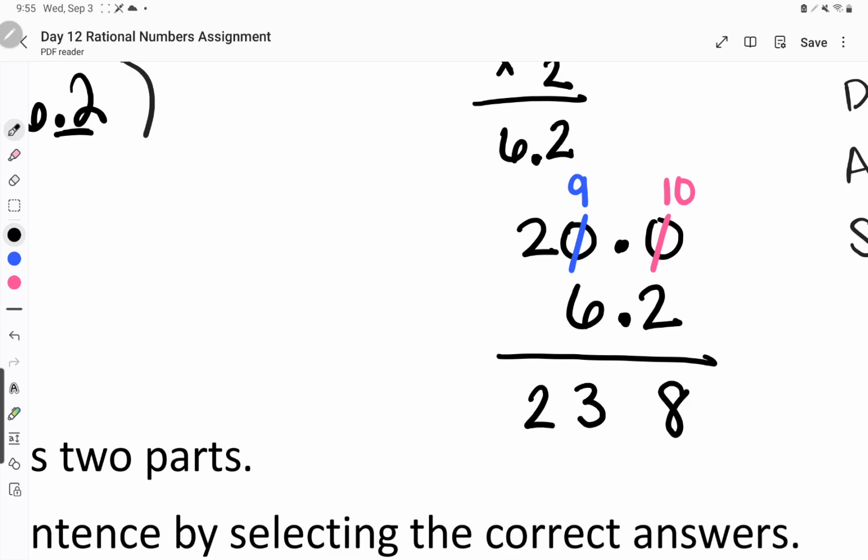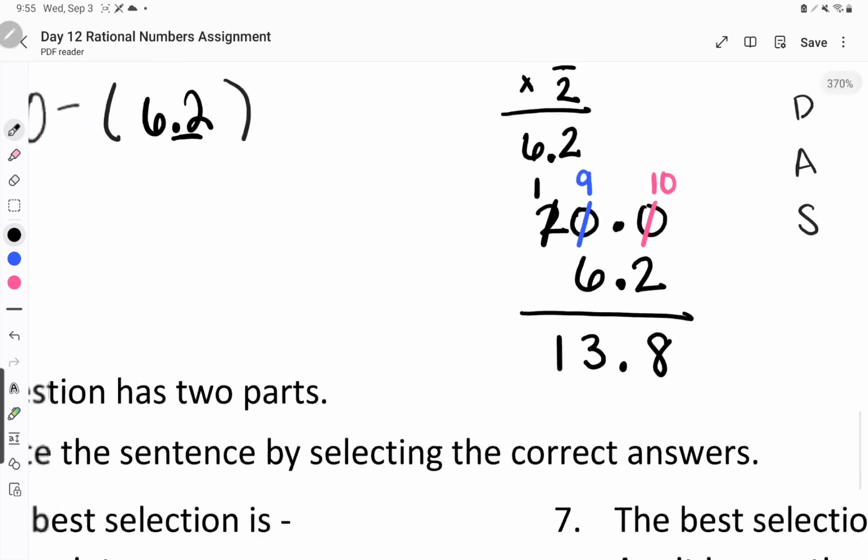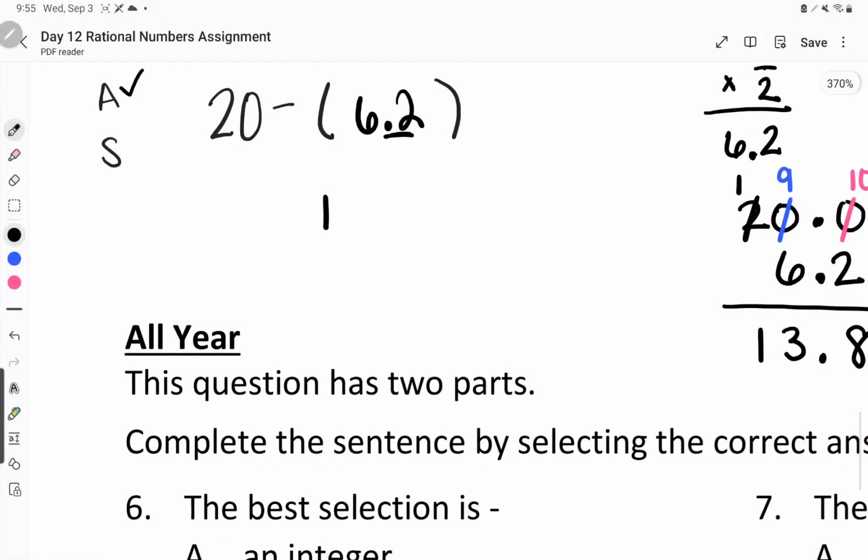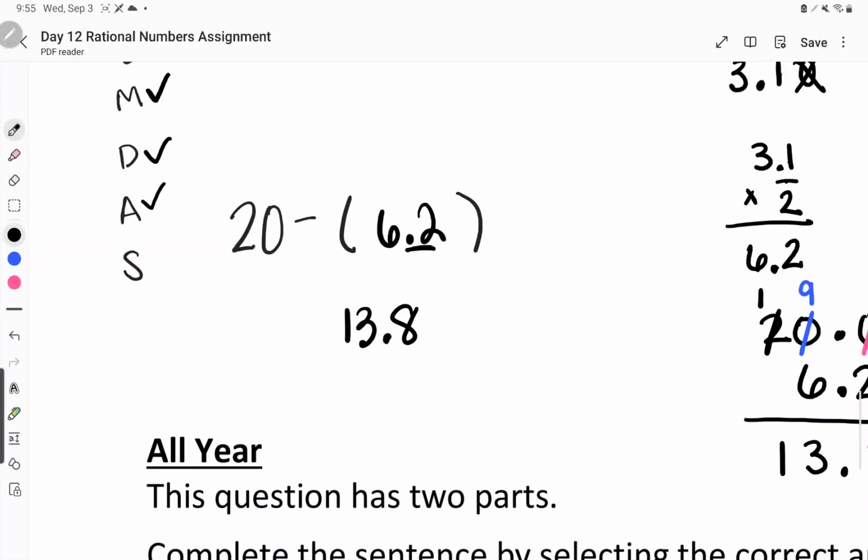And then 2 minus nothing, which gives us... that does not make any sense. Sorry. When we turned this into a 10, this into a 9, we ended up having to borrow from the 2, and that turns into a 1. So that's 13.8. We keep the sign of our bigger number. Which one's bigger, 20 or 6? 20 is bigger, so this is going to be a positive.